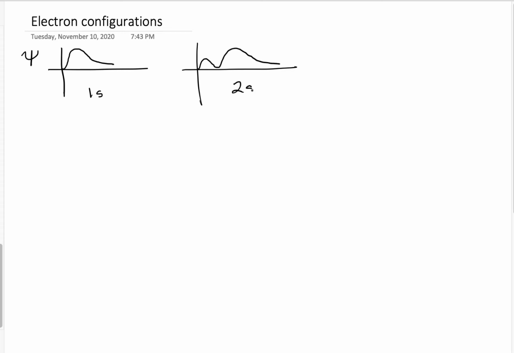So we saw a couple of pictures of those. And this is 100% true. It means that electrons in the 1s orbital of an atom are closer to the nucleus than the electron in the 2s orbital of that atom.